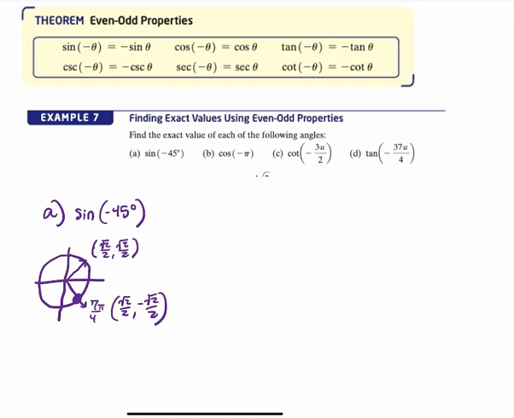Or we can use this property: the sine of negative 45 degrees should equal negative sine of positive 45 degrees. And I know that that is root 2 over 2. So that means this should be equal to negative root 2 over 2. So again, I'm showing there's multiple ways to solve these. This is one type of property you can cite, but you can also use this coterminal angle idea as well.